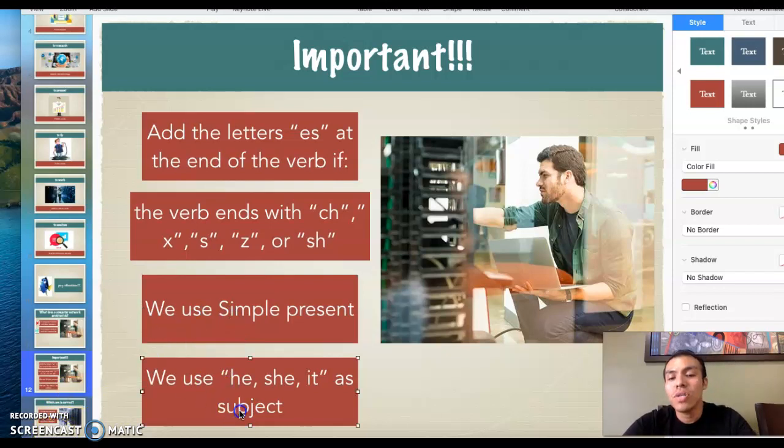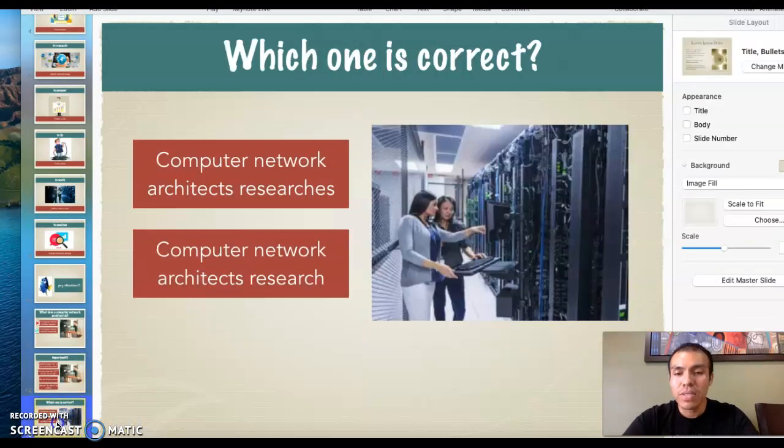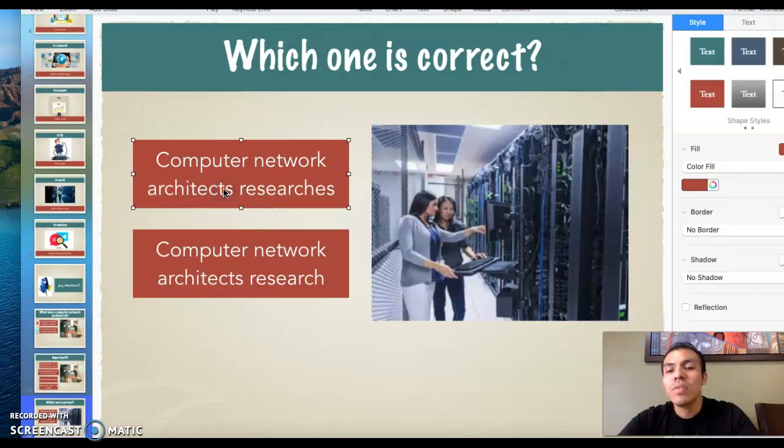And now we have the subject, he, she, or it, singular, and it's third person. In this example, the subject is plural because computer network architects is plural. So the number 1 is incorrect.